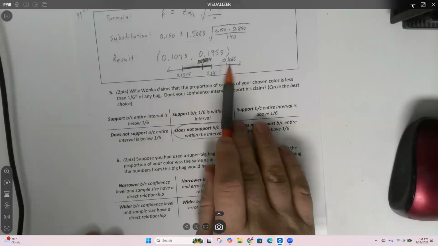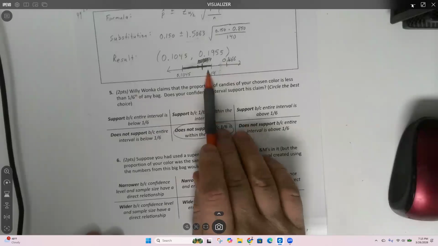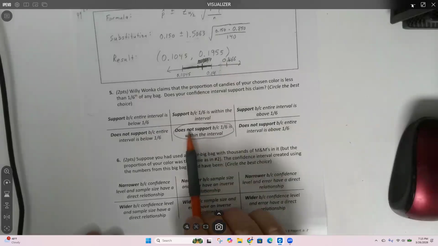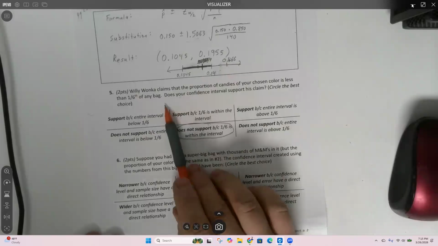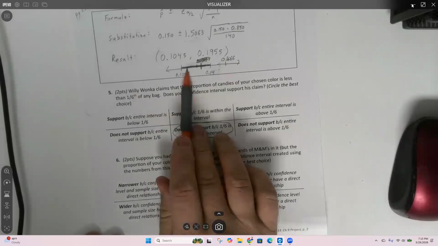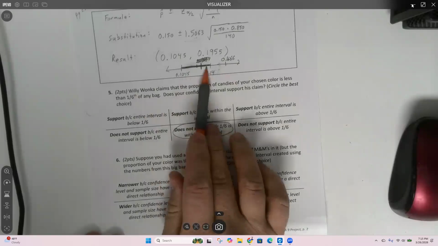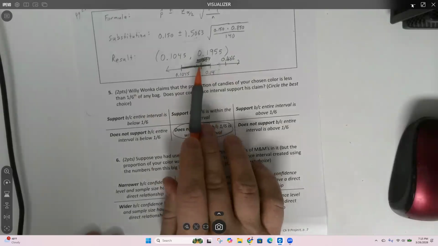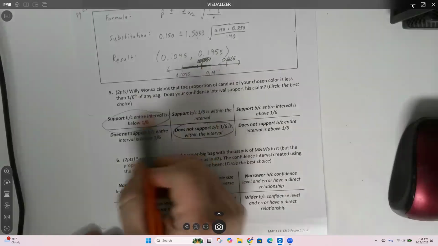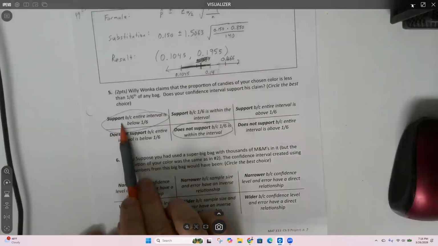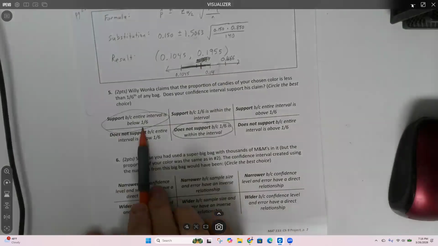So for that case, he's claiming that the true value is less than 1/6. Well, you don't know what the true value is. You know it's somewhere in this range, but all of these numbers in this range are less than 1/6. So in that case, you would say, oh, I support that because my entire interval is below 1/6.